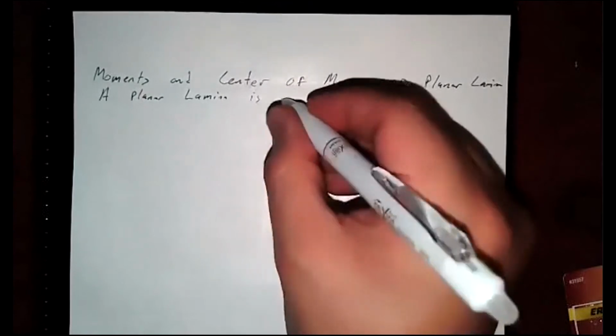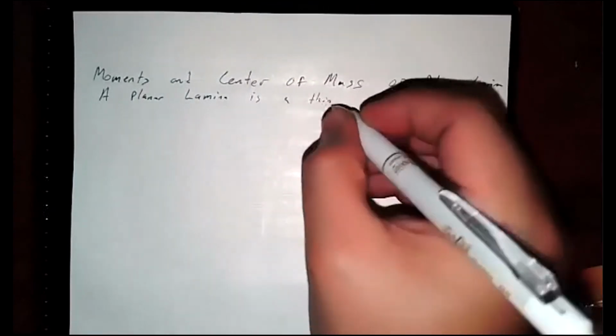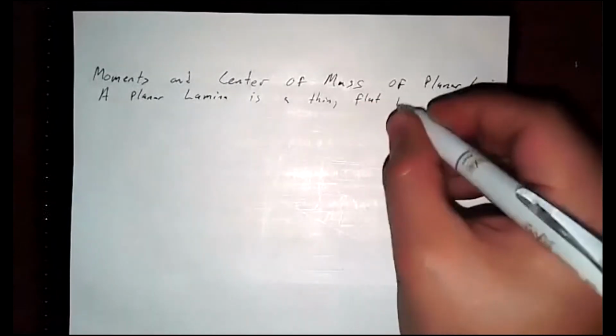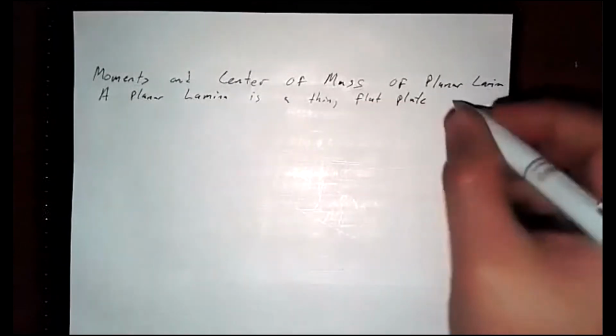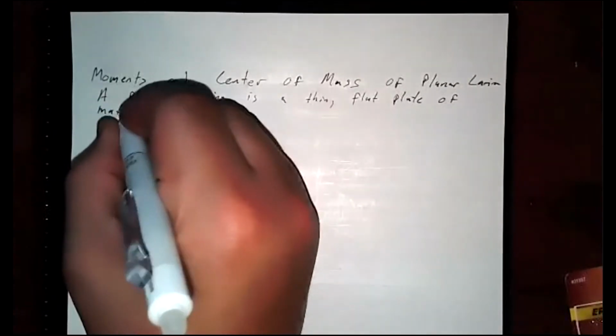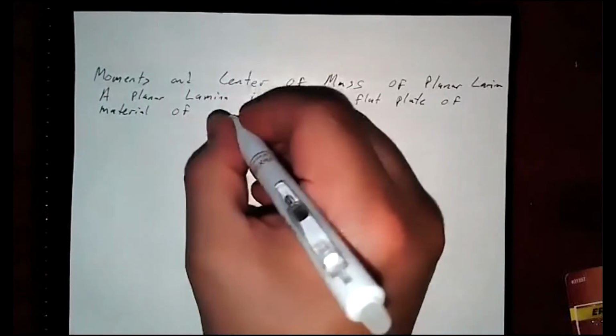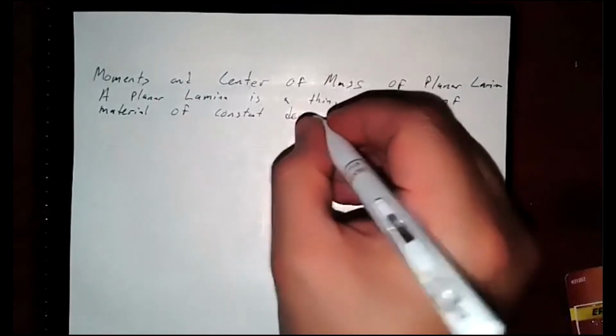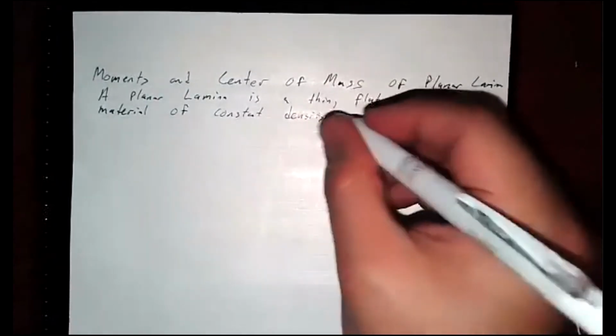A planar lamina is a thin, flat plate of material of constant density, which we'll call P.